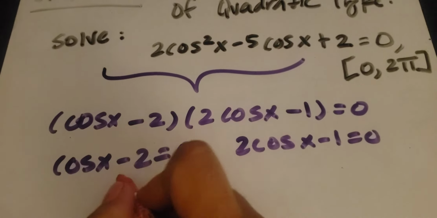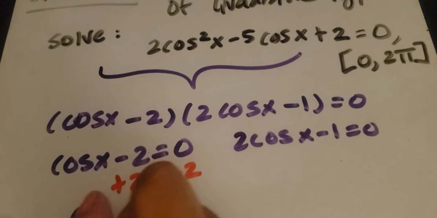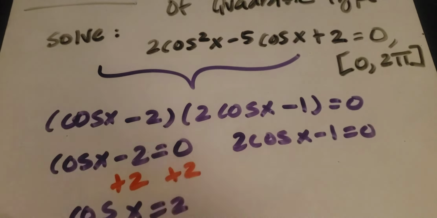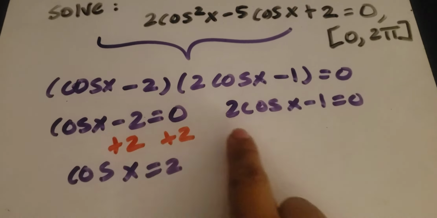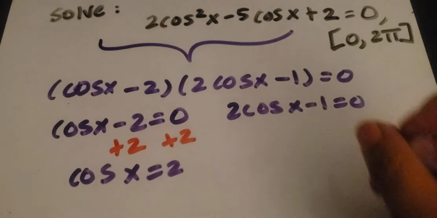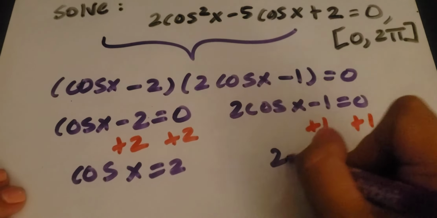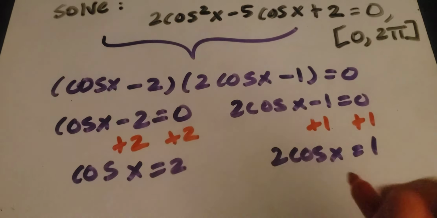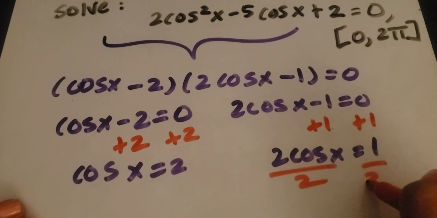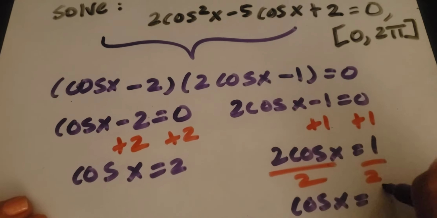In the first one, all I have to do is add 2, and then I end up with cosine of x equals 2. In the second one, I'm going to add 1, and then I end up with 2 cosine of x equals 1, and then of course divide by 2. So then I end up with cosine of x equals 1/2.